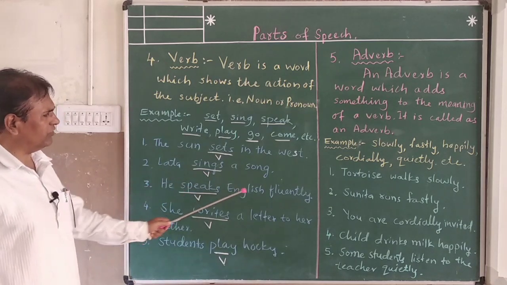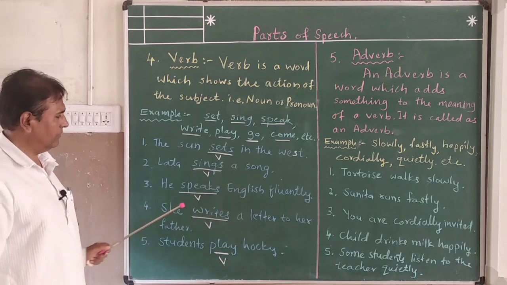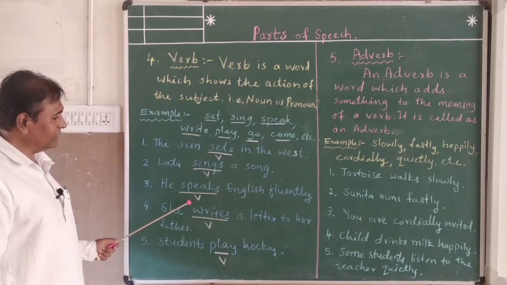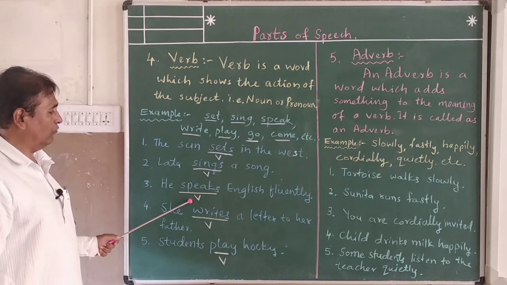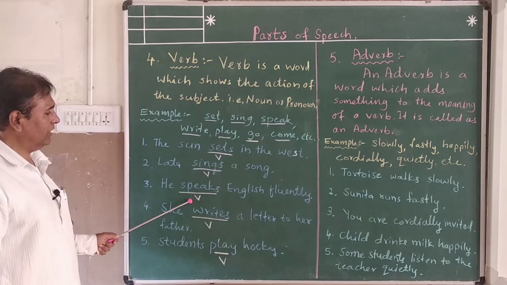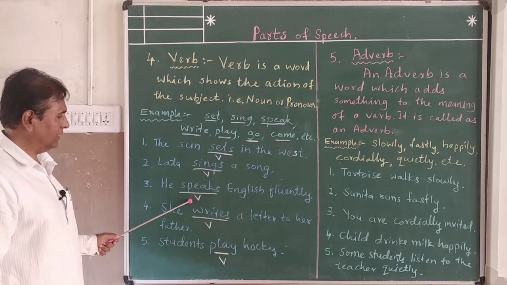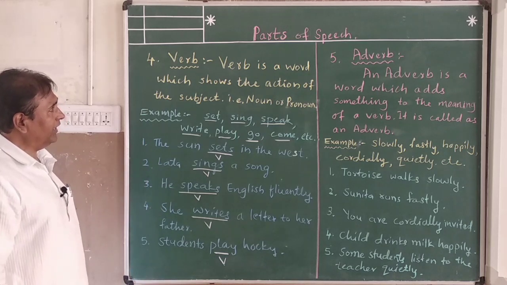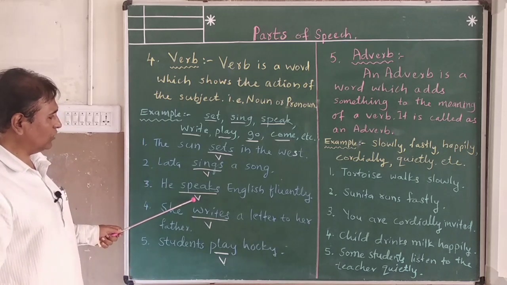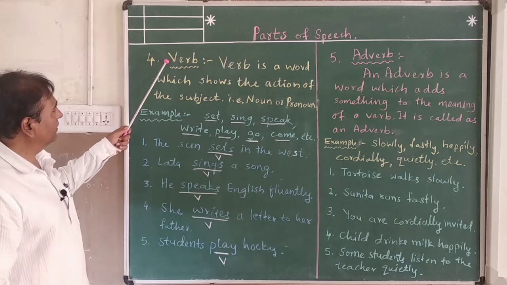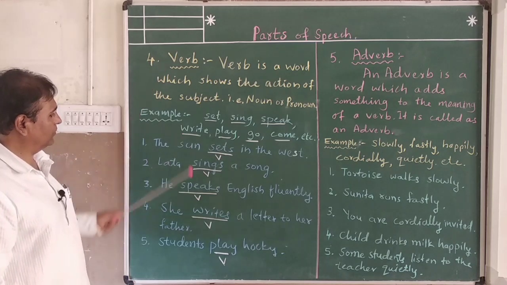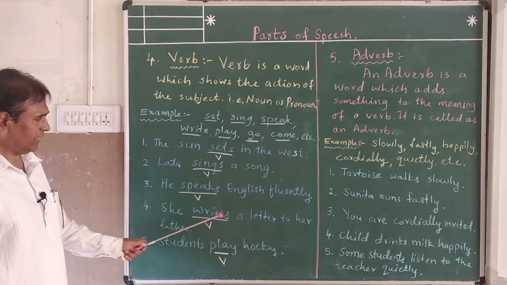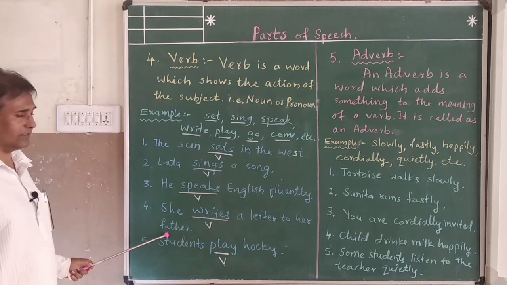He speaks English fluently. Here is the word which shows the action of the subject. Subject means what? Here, this is the subject. And here we are just talking about this word, speak. Verb.